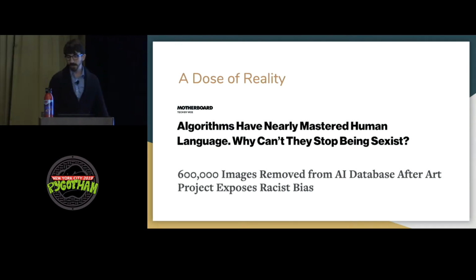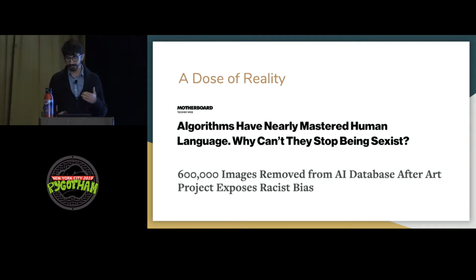There we go. So this is a sample of two headlines that have been published in the past year and a half. One is from Vice: "Algorithms have nearly mastered human language, why can't they stop being sexist?" And the other one is: "600,000 images removed from AI database after art project exposes racist bias." Now, what these two have in common is that they are feeding in data that essentially encoded the bias of both society and the individuals working on it.